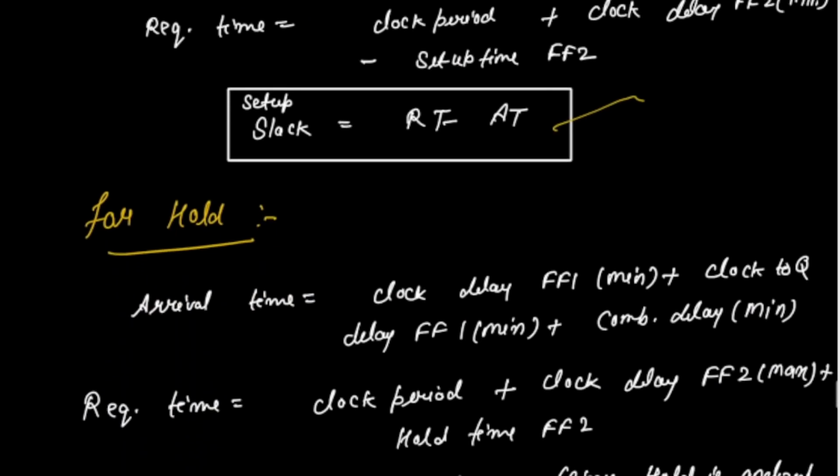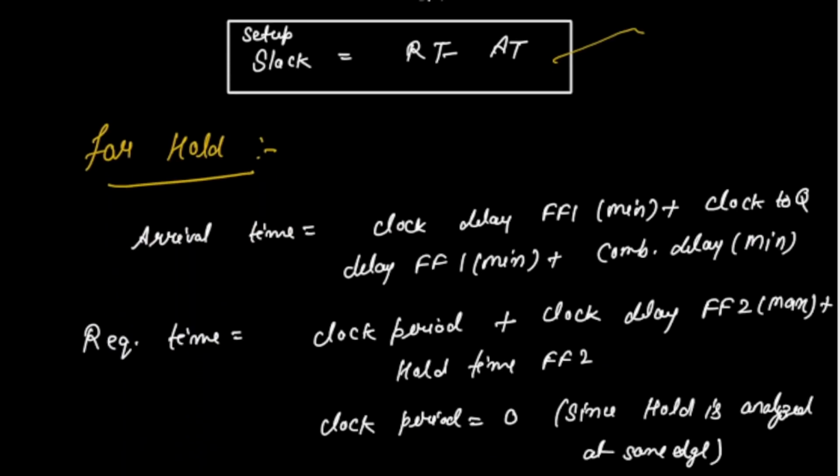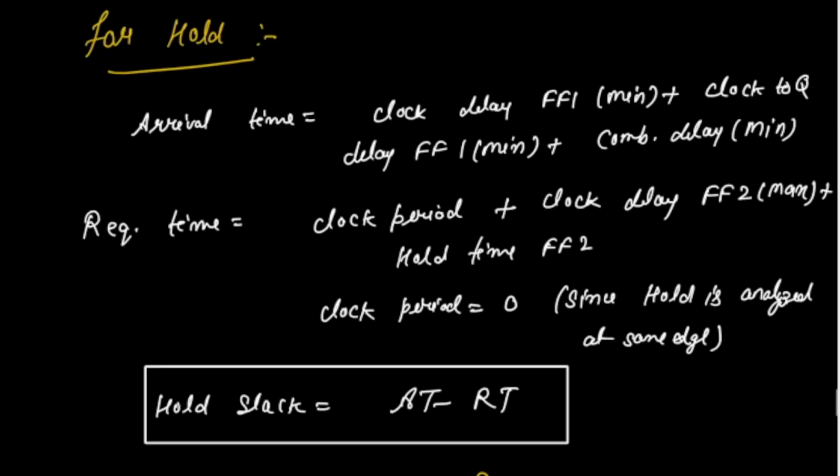Similarly for the hold, arrival time equals clock delay of flip-flop 1 minimum plus clock to Q minimum plus combinational delay minimum. Required time equals clock period plus clock delay of flip-flop 2 plus hold time. Clock period is equal to 0 because hold is analyzed at the same edge.